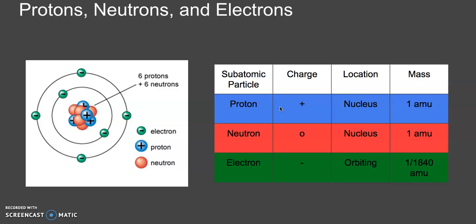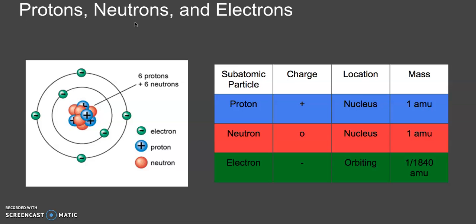Electrons are really different than protons and neutrons. Protons and neutrons tend to be pretty stable. They hang out in the nucleus and not much happens with them. But electrons are orbiting. They're all over the kind of vicinity of the atom. And they're also really, really little.